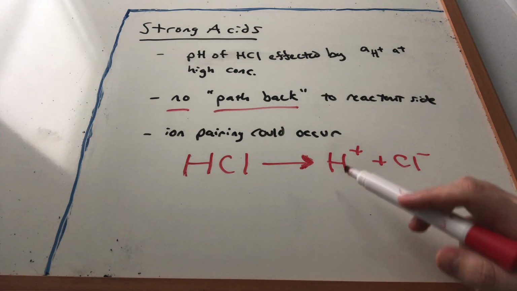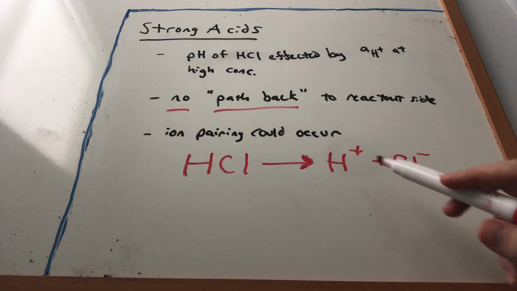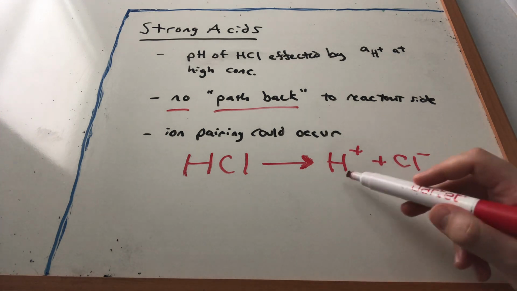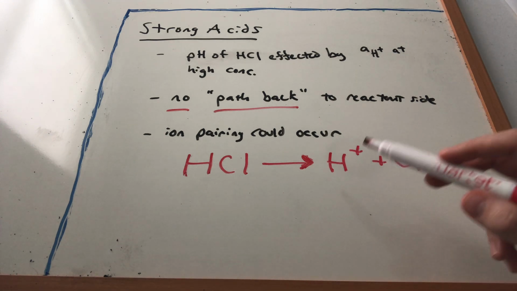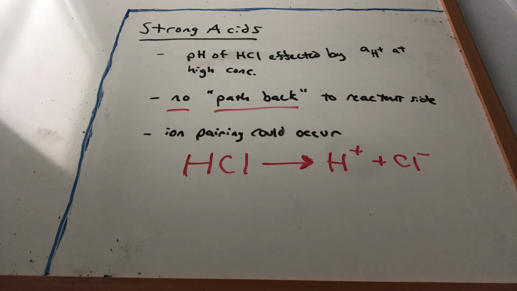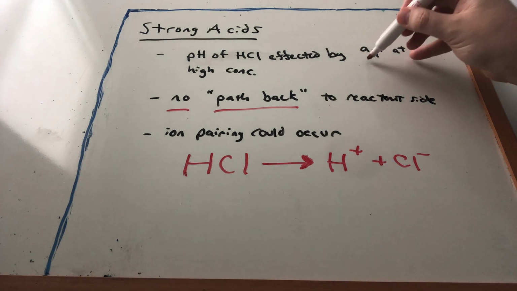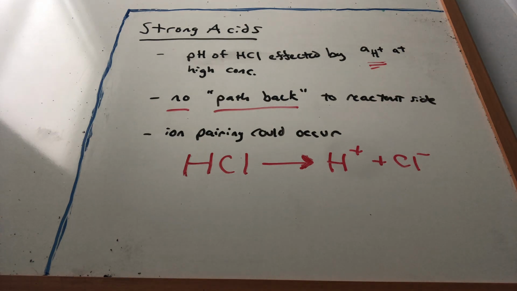When we deal with activity, it's about how often you expect to see just a free-floating H+, where its ionic atmosphere is not being affected by a Cl-. Because that's what we're going to be measuring with the activity of H+.